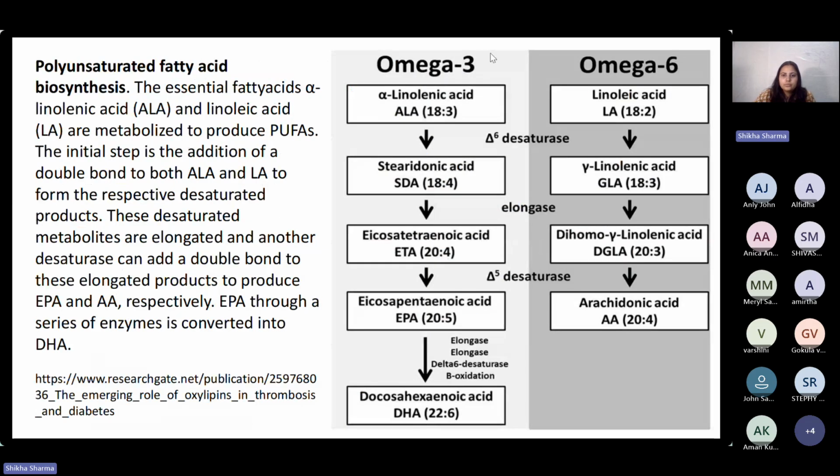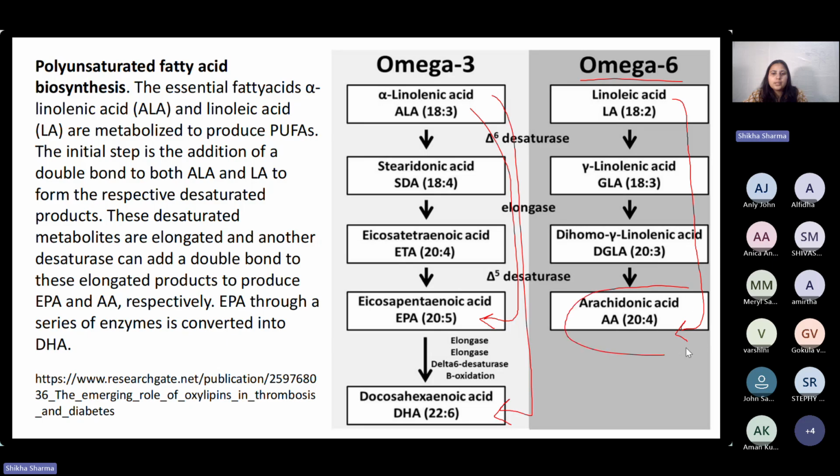So here we can see ALA is being converted into DHA. It is also the precursor for EPA, whereas for omega-6, which is linoleic acid, we can obtain AA from LA.